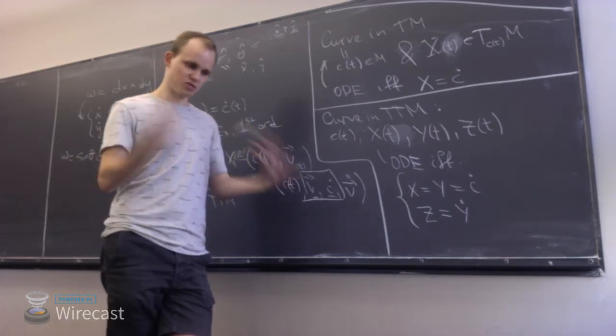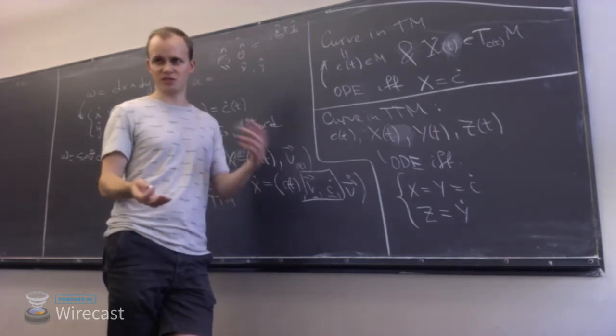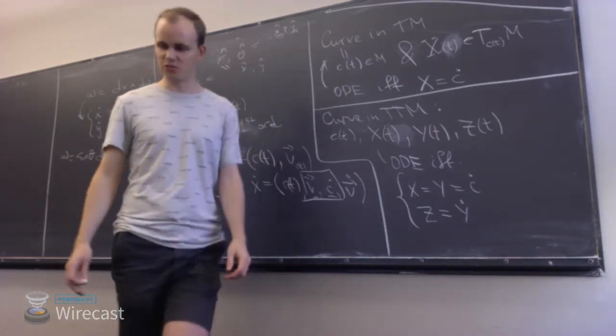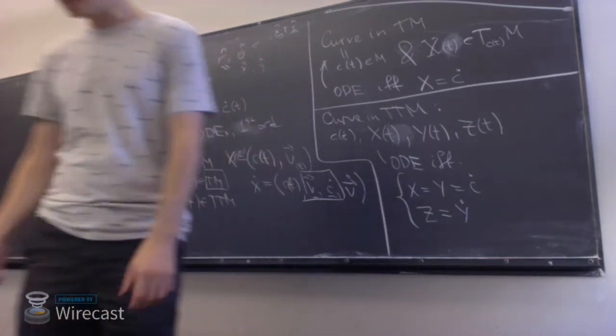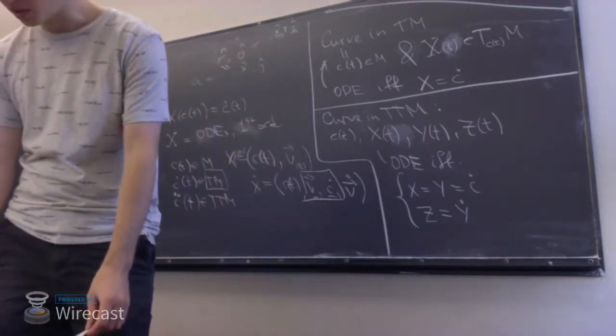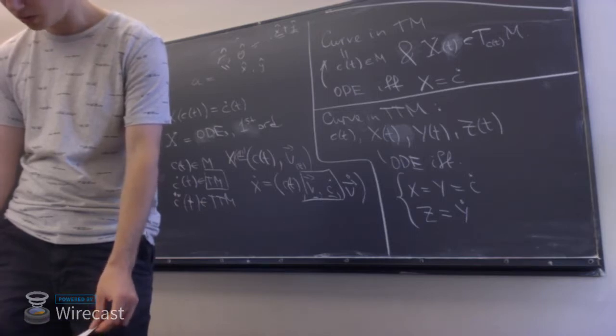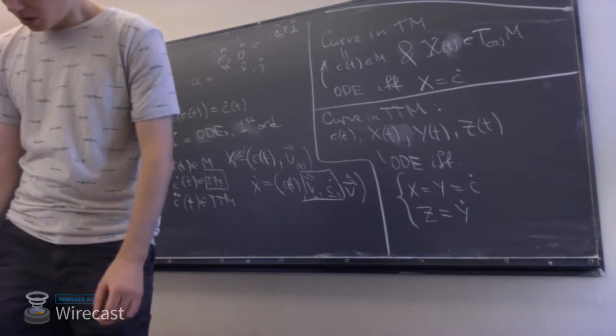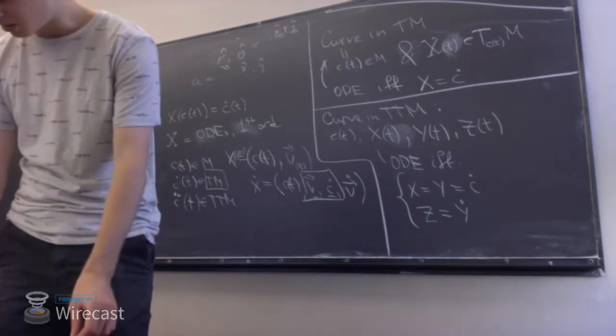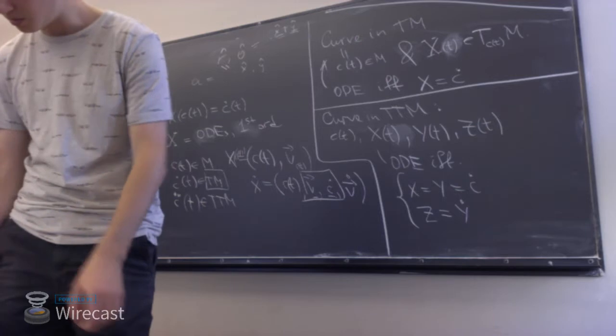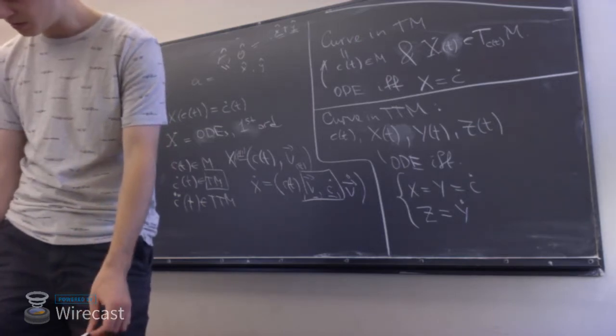But then, if you want to do a different geometric approach, then Hamiltonian theory is generally more geometric. Okay. Anyway. Any other questions about Lagrangians?